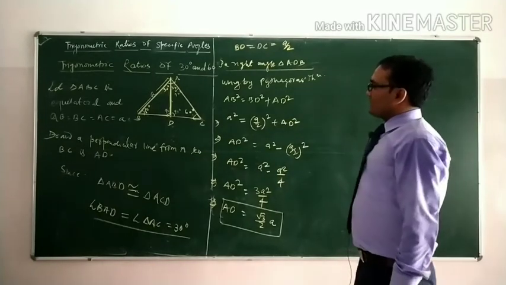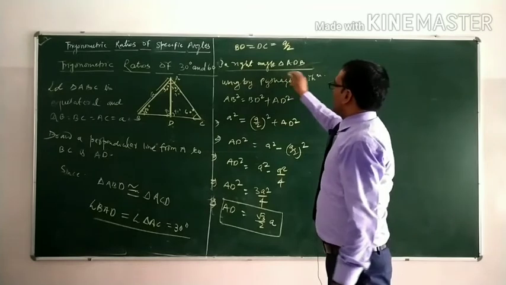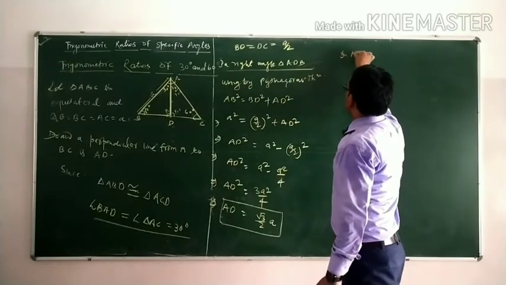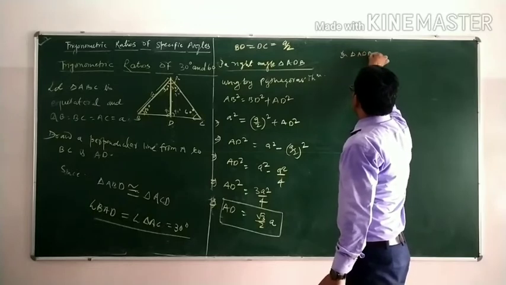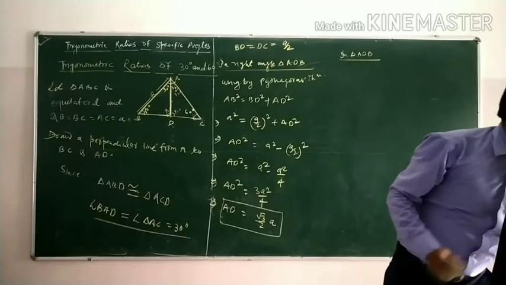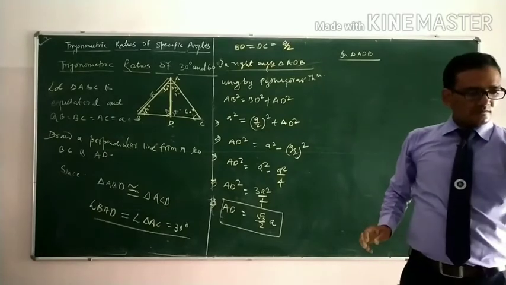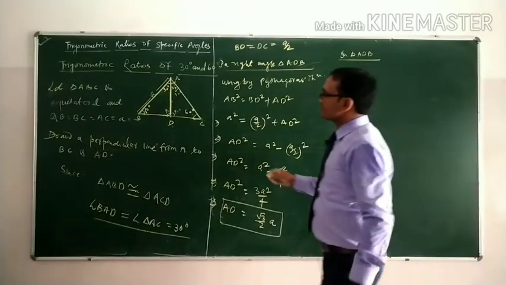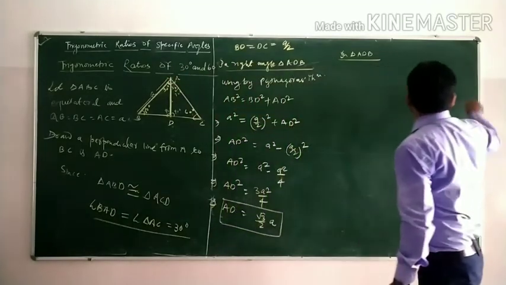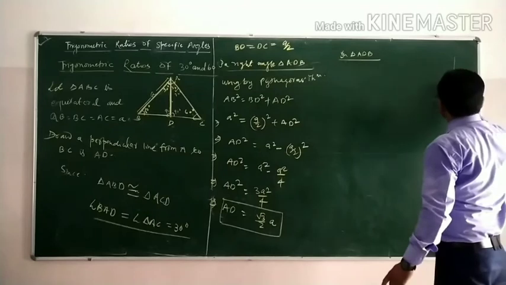Okay, we find in right angle triangle ADB the sine 30 degrees. Here roughly we draw a figure.